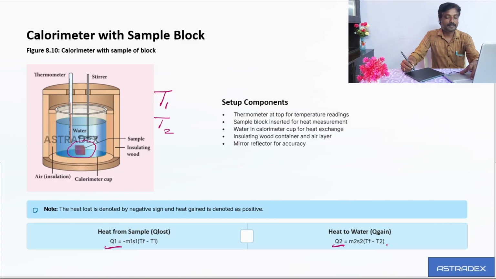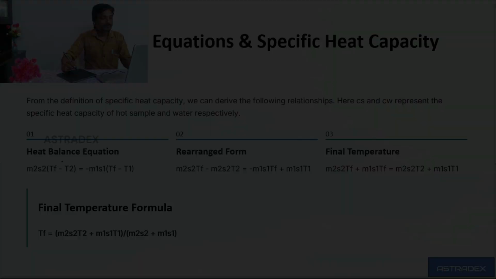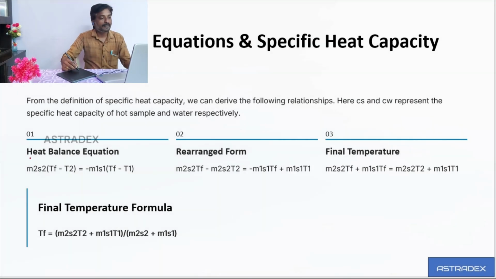Next, we can derive the equation for the final temperature from the principle of calorimetry. As already said, Q gain will be equal to minus Q lost.